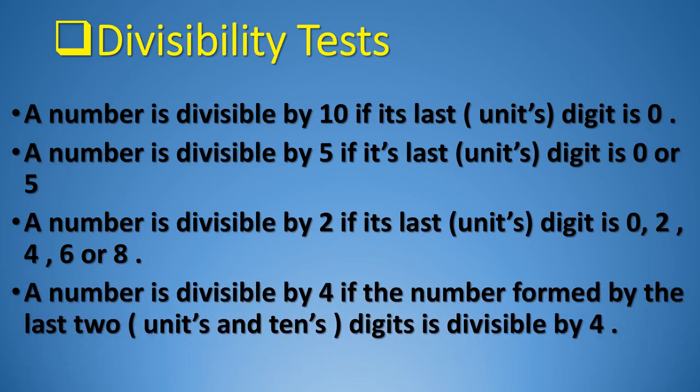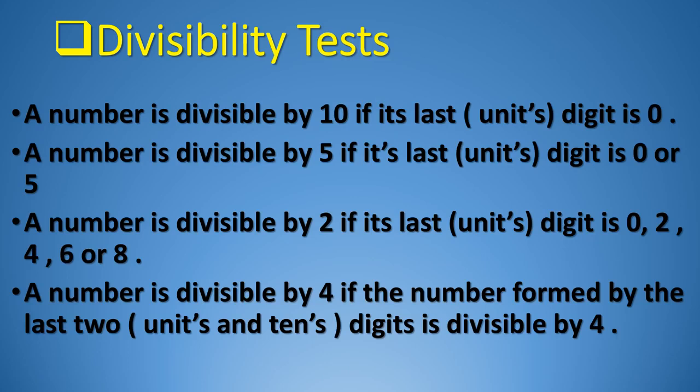A number is divisible by 4 if the number formed by the last two digits, that is the unit place digit and tens place digit, is divisible by 4. Then the complete number is divisible by 4.